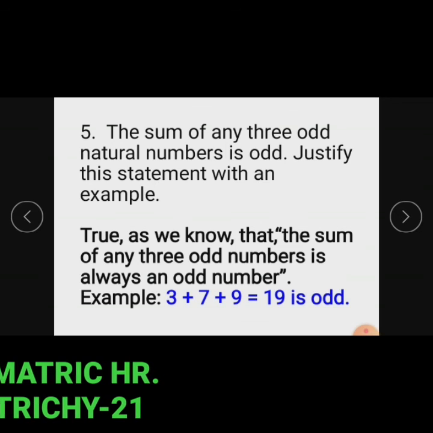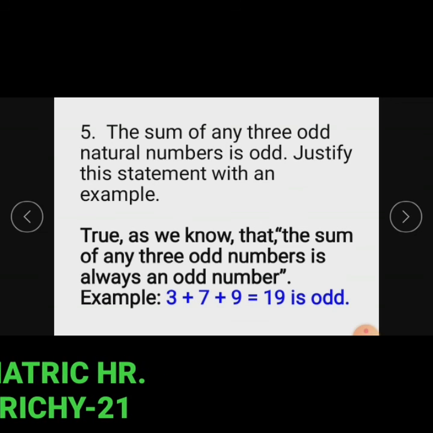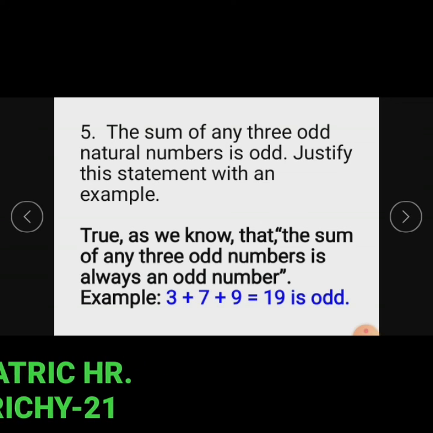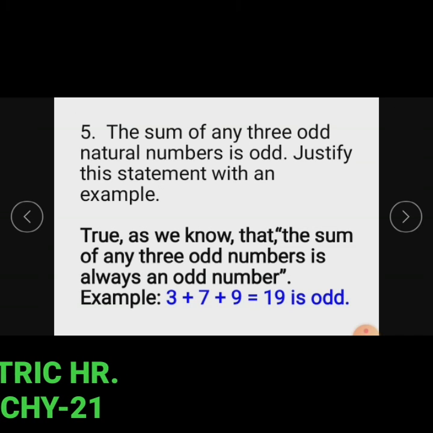For example, 3, 7 and 9 are odd numbers. Now we add these three numbers, that is 3 plus 7 plus 9, we get 19. 19 is an odd number. So the sum of any three odd natural numbers gives an odd number.